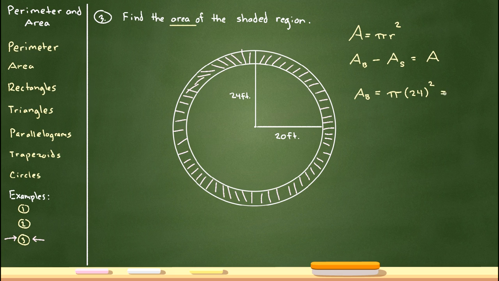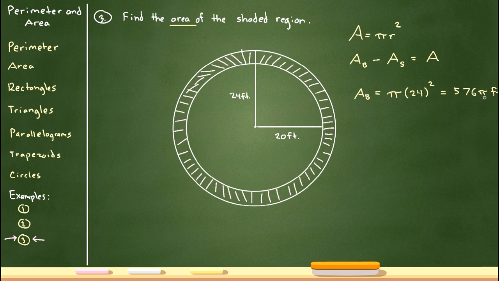And in this case, we have 24 squared. And let's see. So if you have a calculator handy, you could find out what that is. We see that it's 576. And then we have pi. And the units are squared feet.